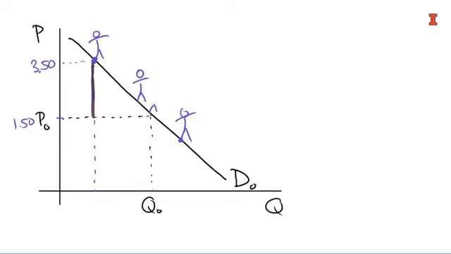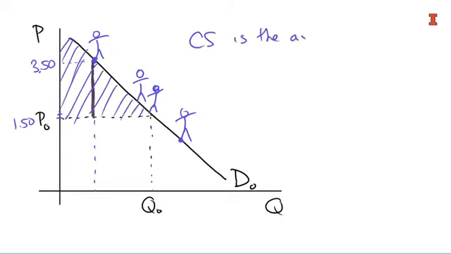But there are people here, because it's a continuous function, who actually have value like $1.55. They're going to buy it. Their consumer surplus is not very much. But enough of pushing this. You begin to see that as I add up all of these across here, the consumer surplus is the area of this triangle. So formally for us, we say consumer surplus is the area below demand and above price.